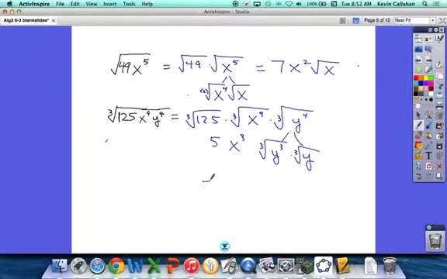So the final answer is 5x to the third. How many y's come out of that? It's 3 inside, which means it's 1 outside. 3 divided by 3, y. And the cube root of y.